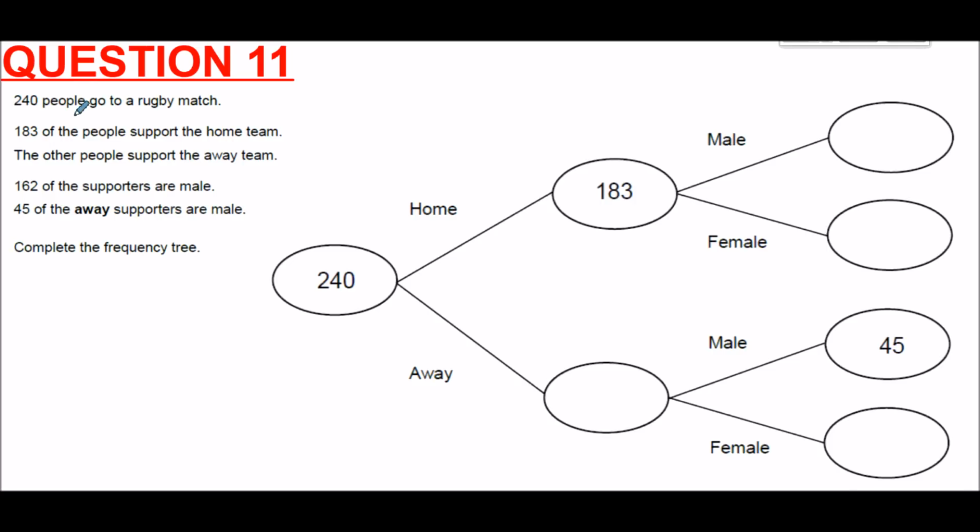Question 11. We have a frequency tree to fill in. So 240 people go to a rugby match. 183 people support the home team. That bit's been filled in for us here. So each time a number branches with a frequency tree, the 2 numbers it branches into will always add up to the number they branch from. So this one plus this one will always add up to 240. And so we can work out the number of away supporters by doing 240 take away 183.